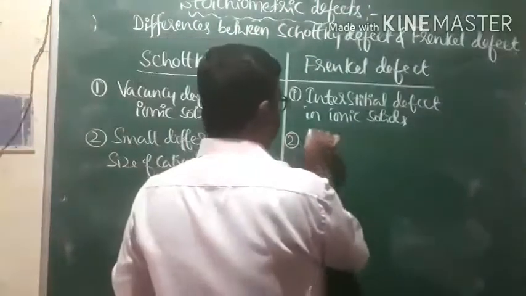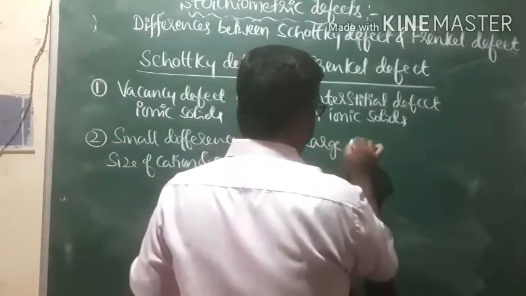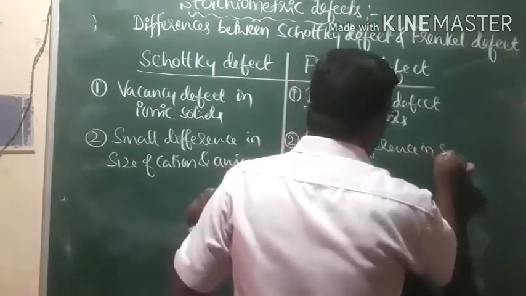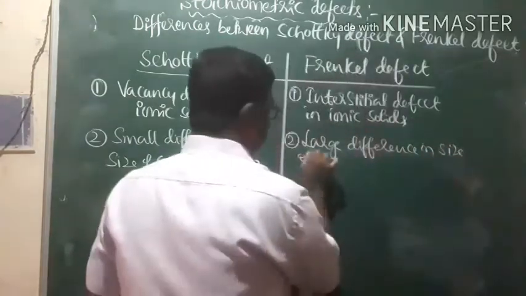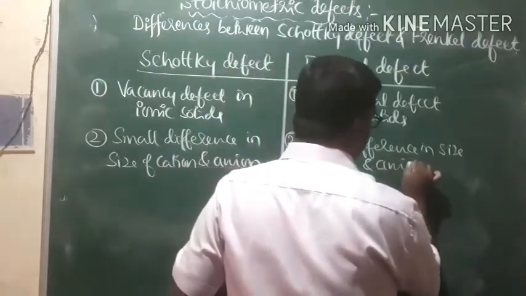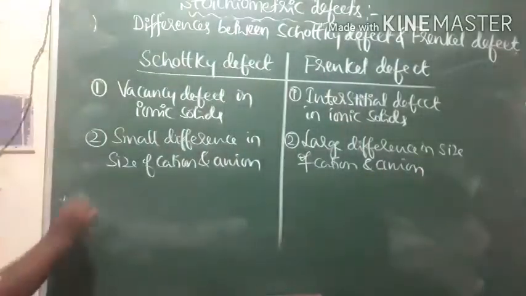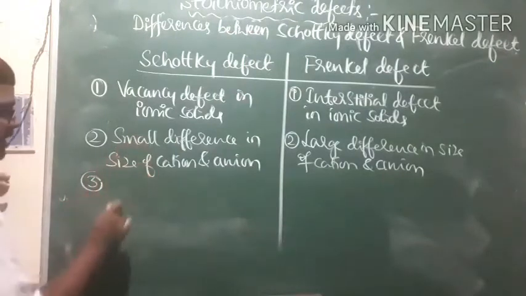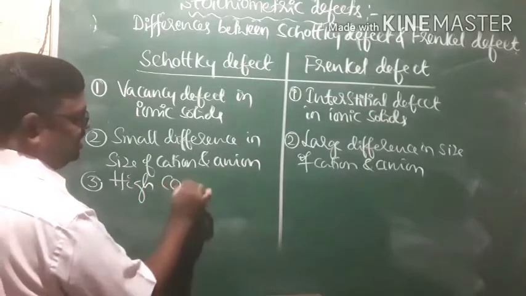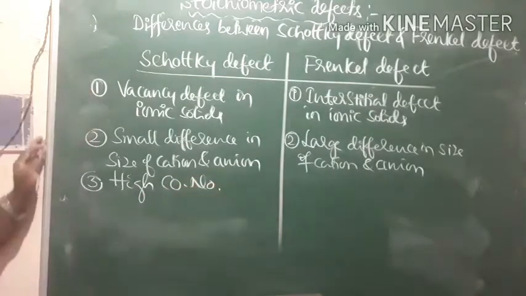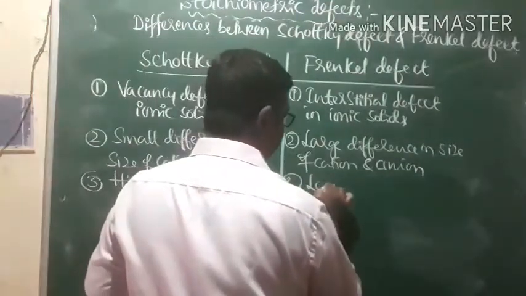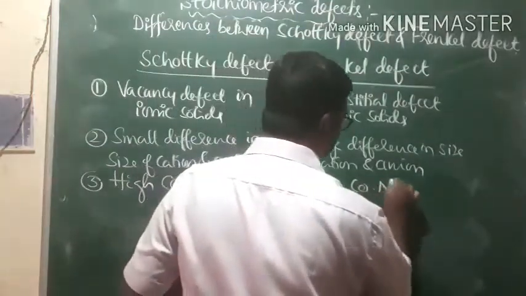Here it will be shown by ionic compounds with a large difference in size of cation and anion. This is the second difference. Third one is, because of this, these are characterized by high coordination number. This will be shown by ionic solids with high coordination number. Here it will be shown by ionic compounds with a low coordination number.